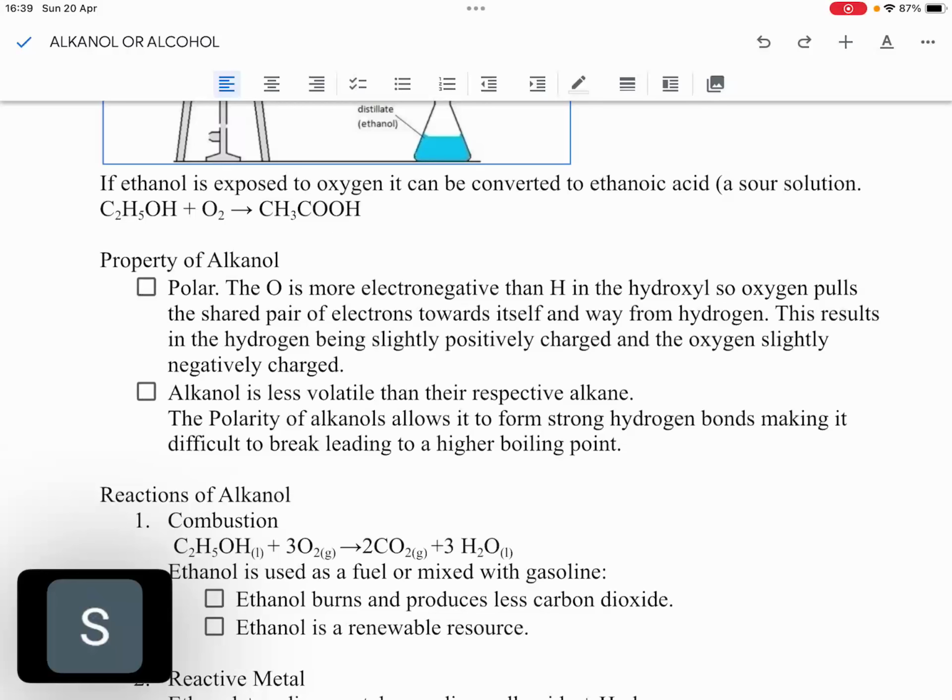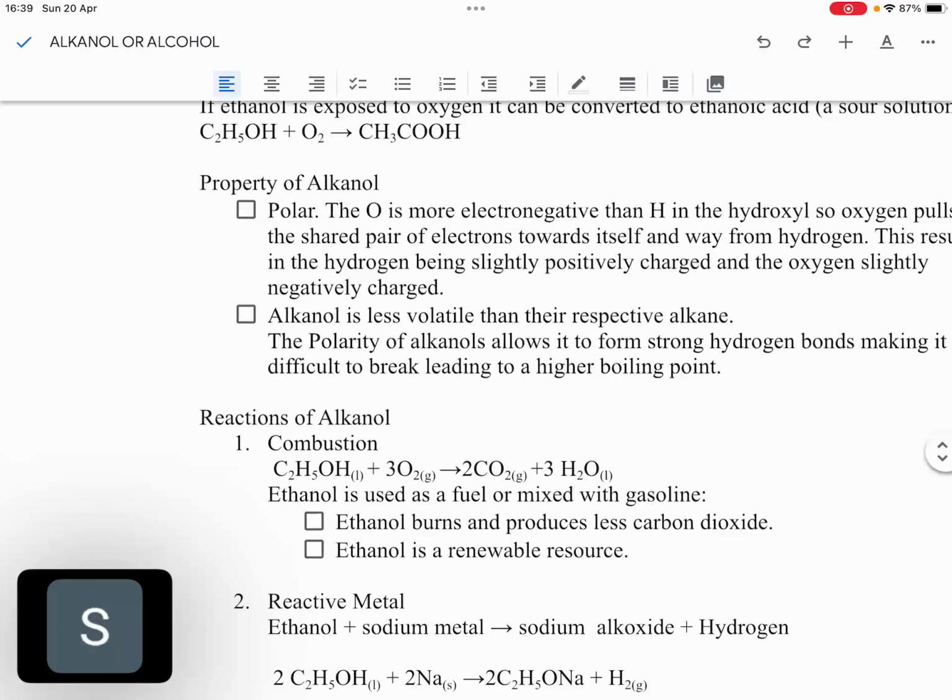You'll find that methane has a lower boiling point than methanol. The reason is that because of the polarity of the alkanol, the molecules can form strong hydrogen bonds with each other, making them difficult to break. So they have a high boiling point compared to their alkanes.